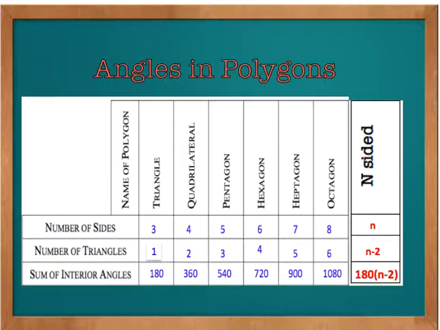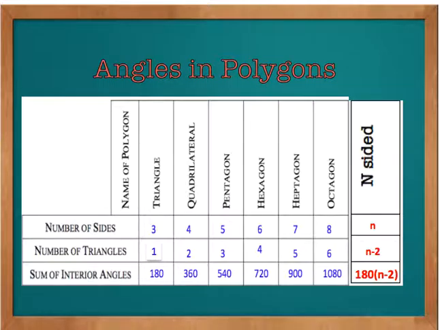What is the difference between the number of sides and the number of triangles? As you can see, every time the number of sides is reduced by 2 to get the number of triangles. Then if we have an n-sided polygon, the number of triangles will be n minus 2. Remember, a triangle's angle sum is 180 degrees.